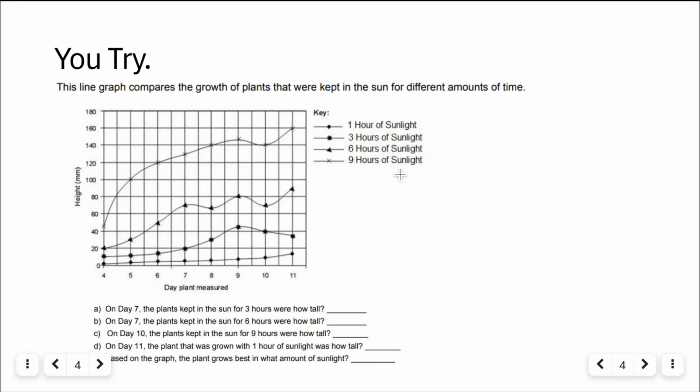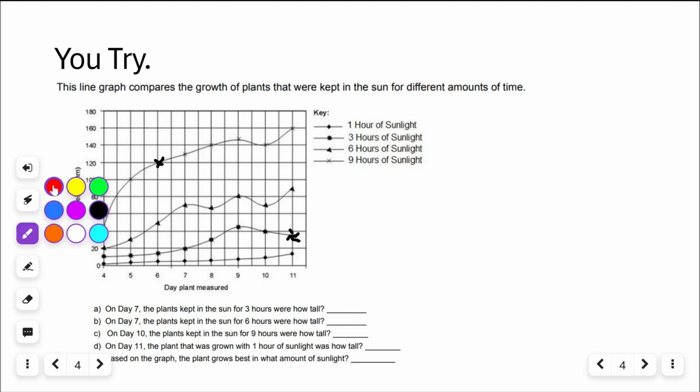Okay, let's try the same thing with a line graph. Same idea. All right, so it's a little hard to read. This is the X line here. This is the sun line here. Okay, so let's see if we can make this a little bit easier. So I'll trace over it in different colors to make it easier to read.